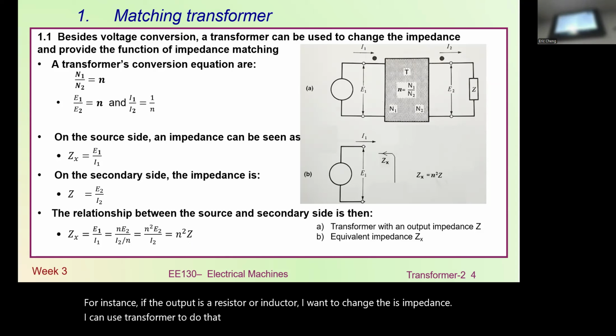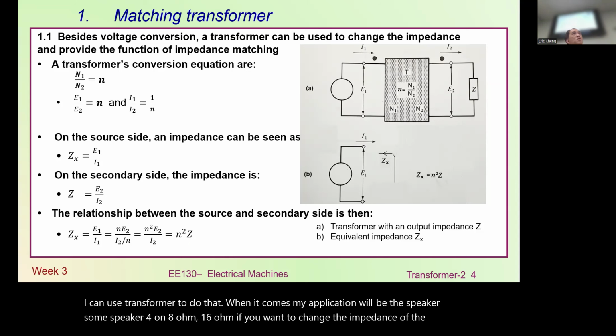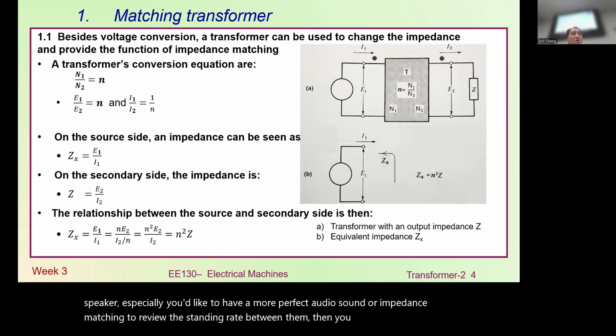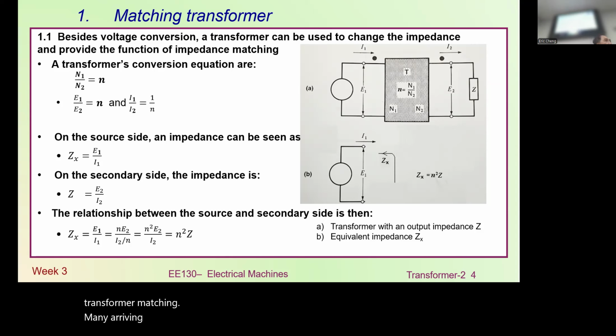A very common application is the speaker. Some speakers are 4 ohm, 8 ohm, 16 ohm. If you want to change the impedance of the speaker, especially to get more perfect audio sound or impedance matching to reduce the standing wave between them, then you may need to use transformer matching. Many wiring connections with a perfect matching of impedance, I think, will have better quality and efficiency.